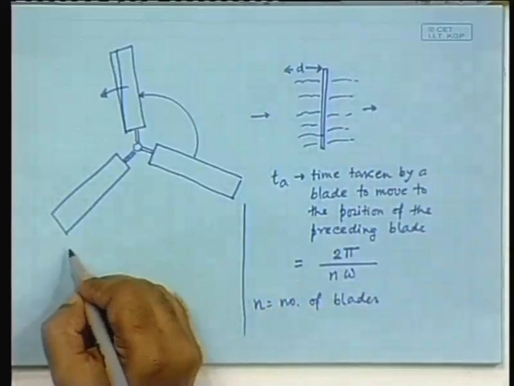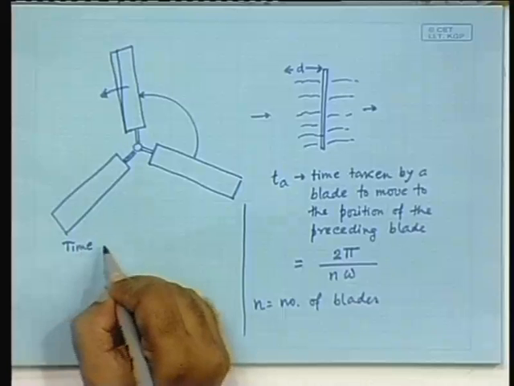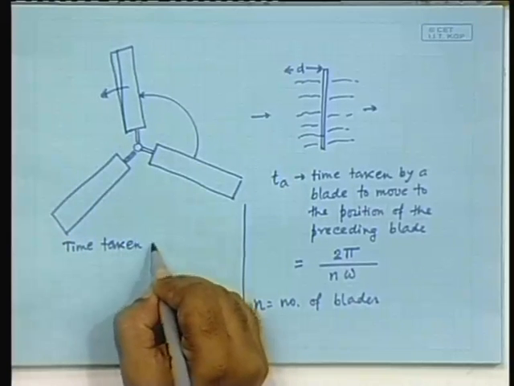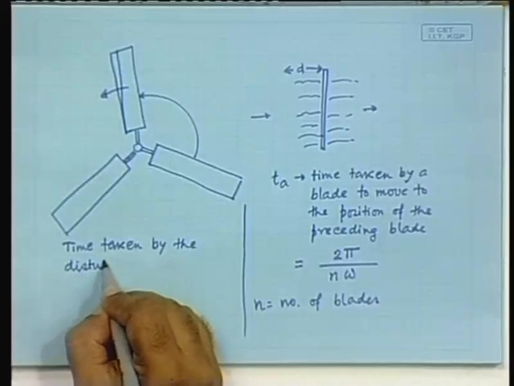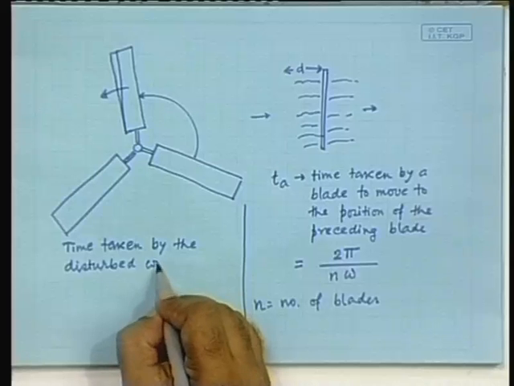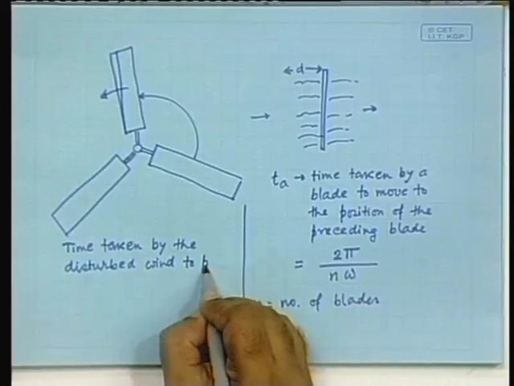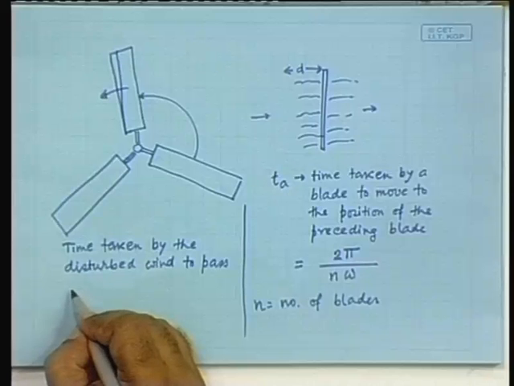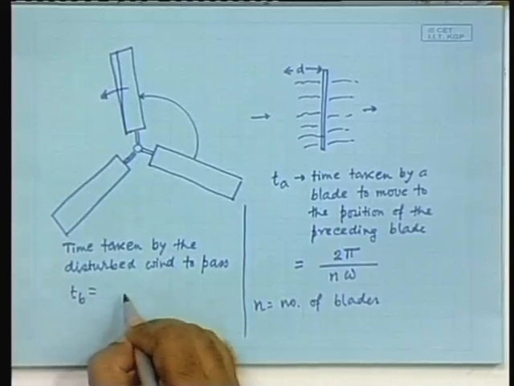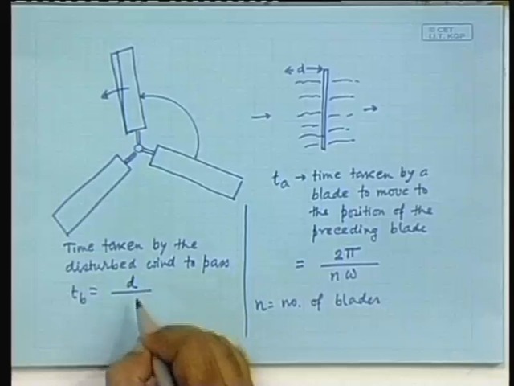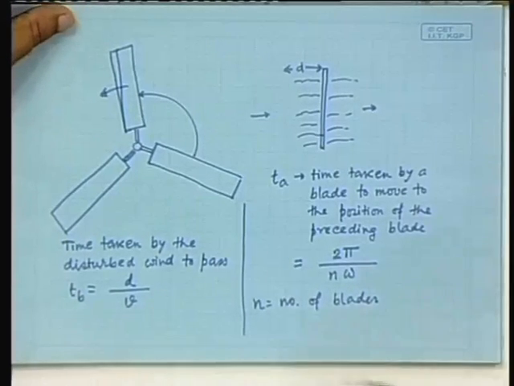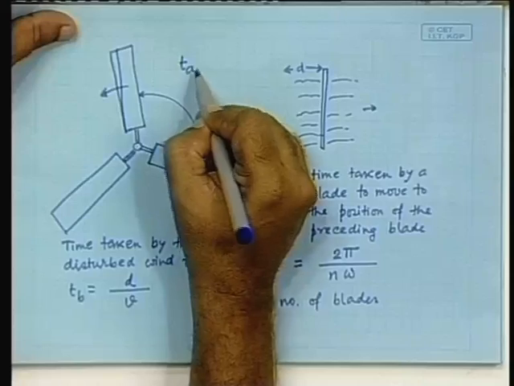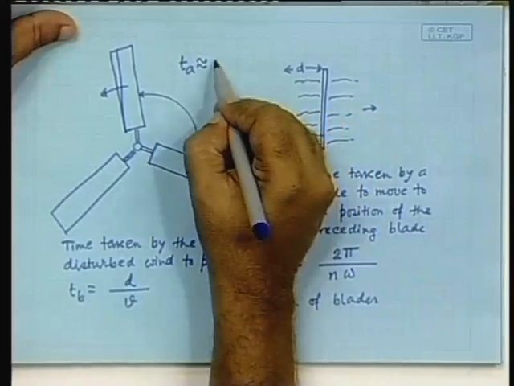The time taken by that we will call T b, that would be d by small v. And naturally, the consideration that we should have in mind is that T A should be approximately equal to T b.